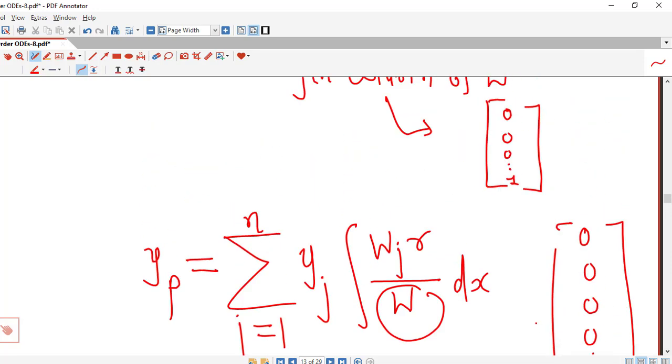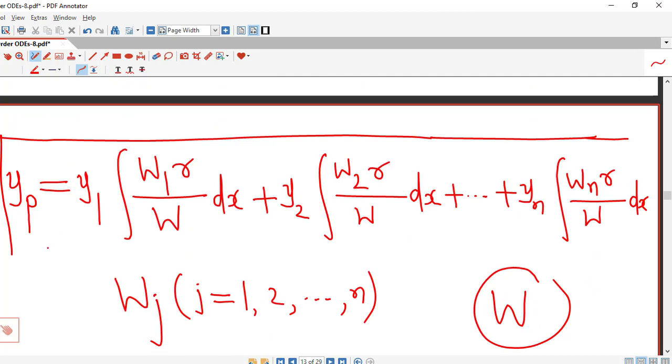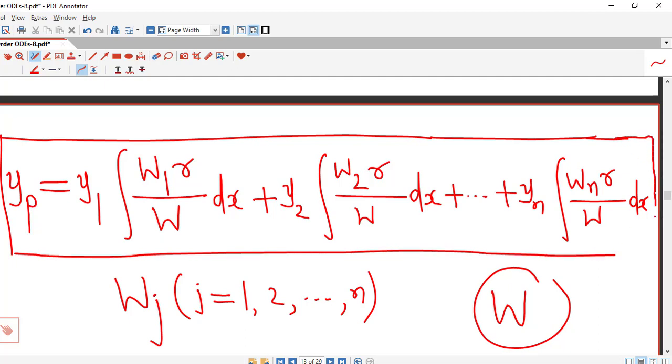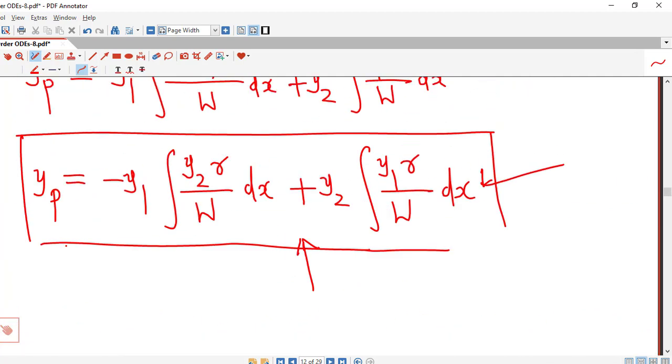So in this way, using this formula, we can solve any linear non-homogeneous ODE, and we can find its general solution.